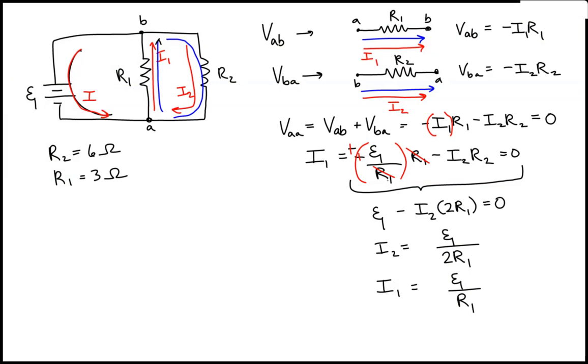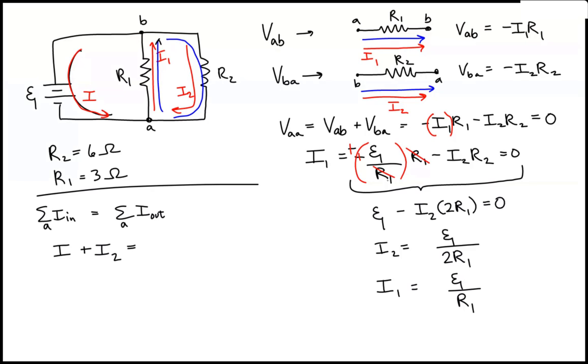Look at point A. We know that the current going into point A must be equal to the current going out of point A. In our diagram, the current going into point A is I plus the current going through resistor 2, and the current going out of point A is equal to I1. Again, this is based on our original assumptions. Remember, we have to stay consistent for this to work out.